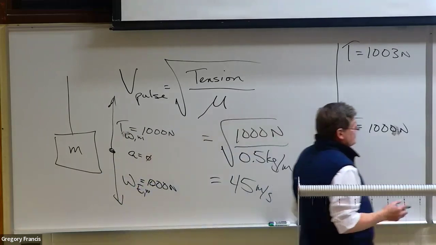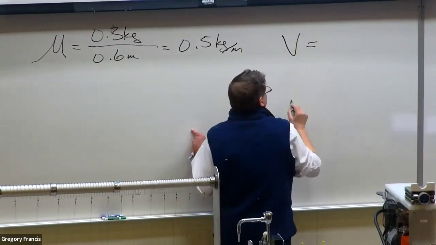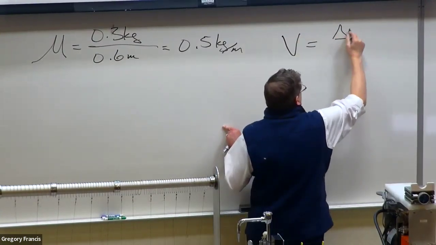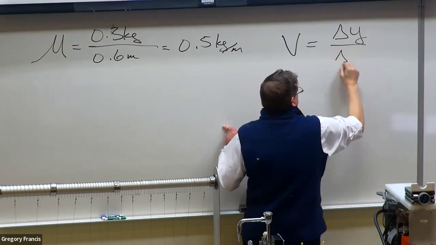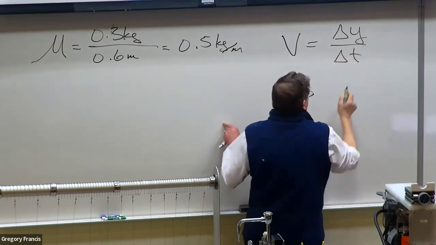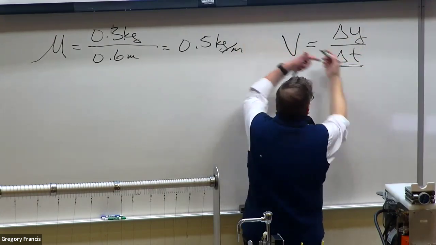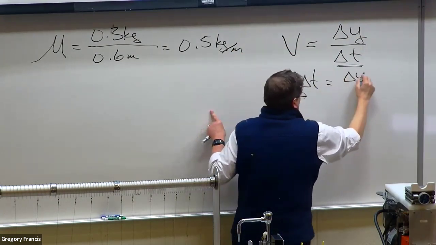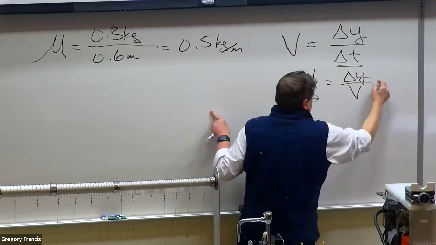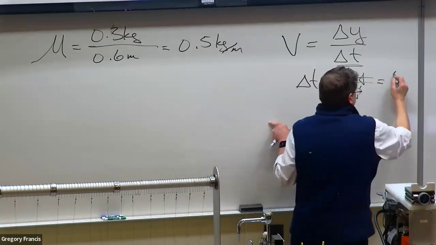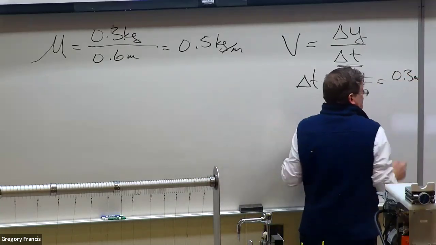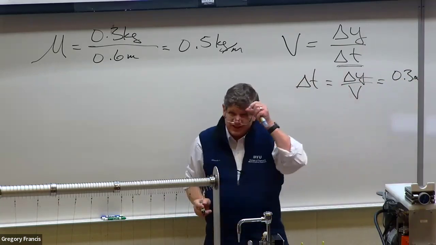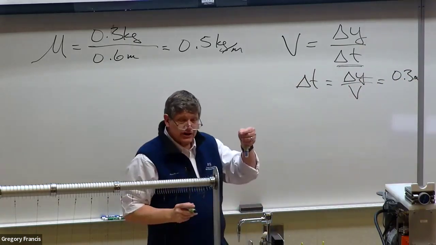Now, if I want to know the time, I would use the equation for velocity, and that's just how far it travels divided by how long. Since I'm looking for how long, I'm going to cross multiply here. So this is going to be a distance of 0.3 meters. Why did I use 0.3 instead of 0.6? Because it started in the middle.